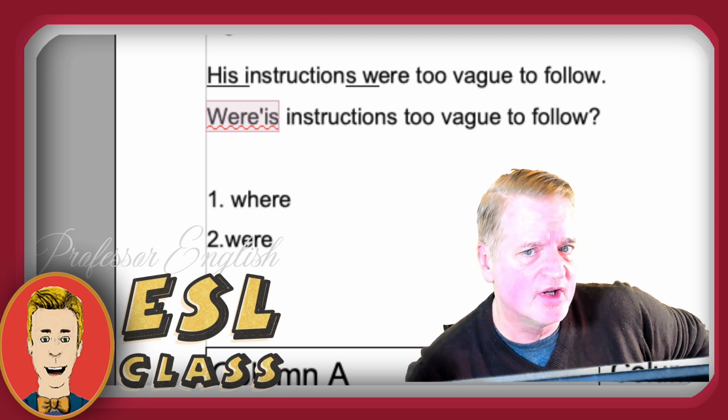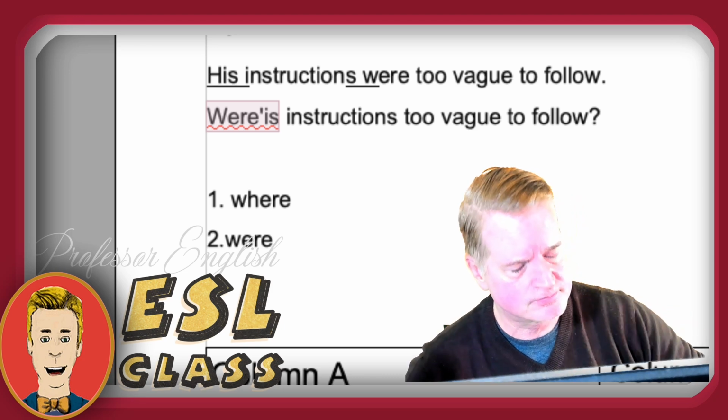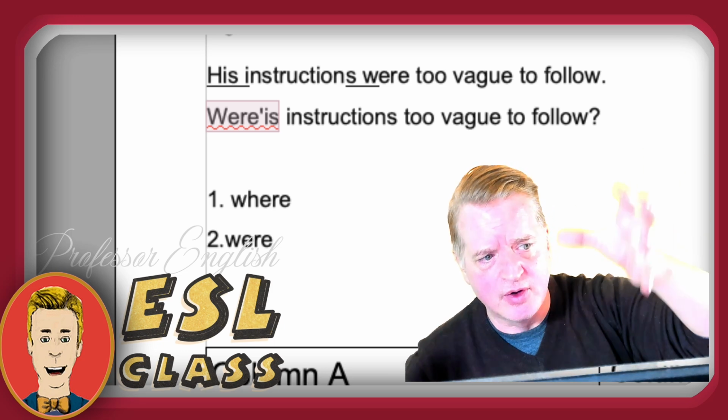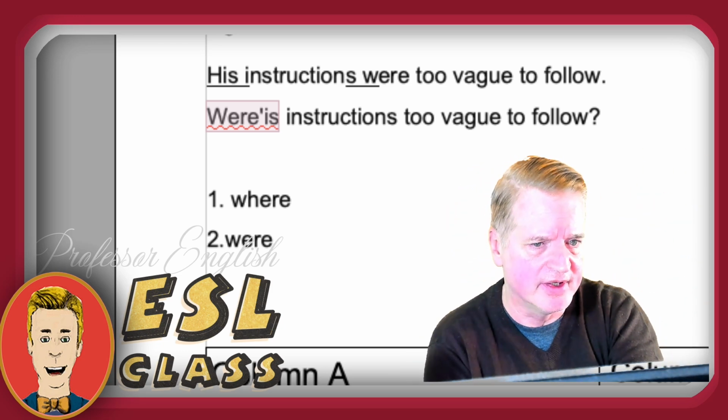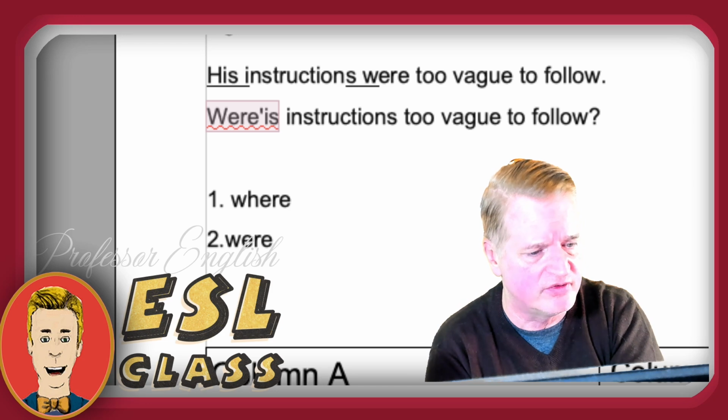Weren't. Tell me again. No, his instructions were too vague to follow. Pachu, can you say it? No, his instructions were not too vague to follow. Okay. And what happens to no and his when people are talking? No his instructions weren't too vague to follow.